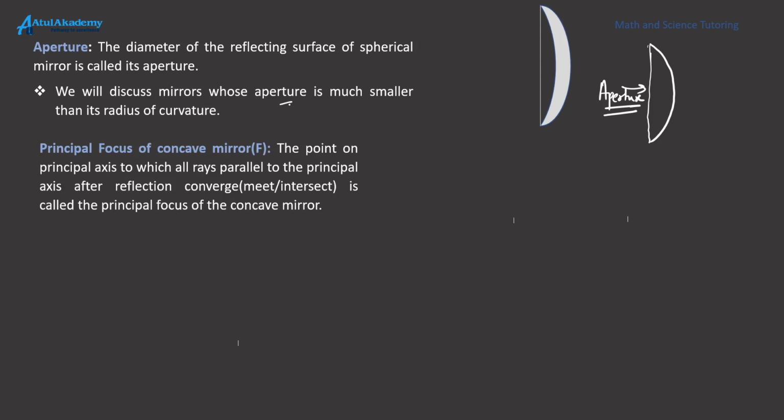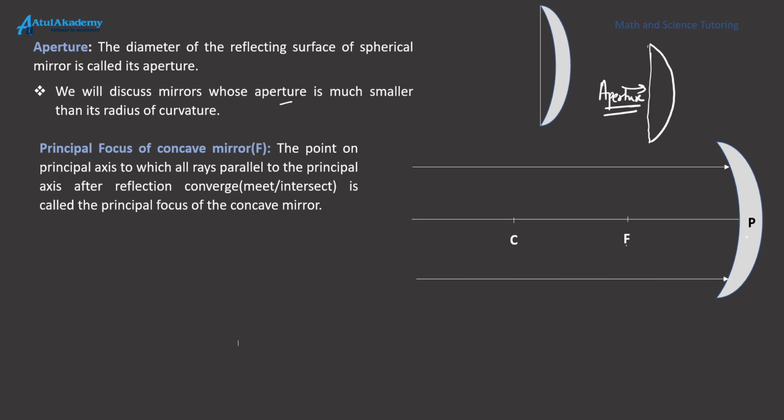Now let's talk about the principal focus that I was mentioning. What exactly is principal focus? We will discuss the principal focus of both mirrors, concave mirror and convex mirror. In case of a concave mirror, the pole is there, F is there, the focus point, and the center of curvature. Let's say parallel rays from an object are coming and falling on the reflecting surface of the mirror. How will they be reflected back?